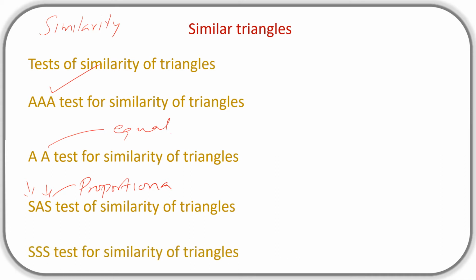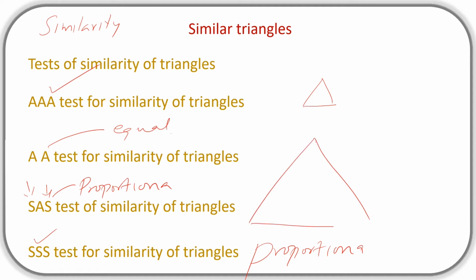Remember, sides will be proportional if triangles are similar. If there are two similar triangles, one is this, roughly drawn, and this is similar. If this is 2 centimeter, this is 8 centimeter. If this is 3 centimeter, this is 12 centimeter. If this is 5 centimeter, for example, this will be 20 centimeter.